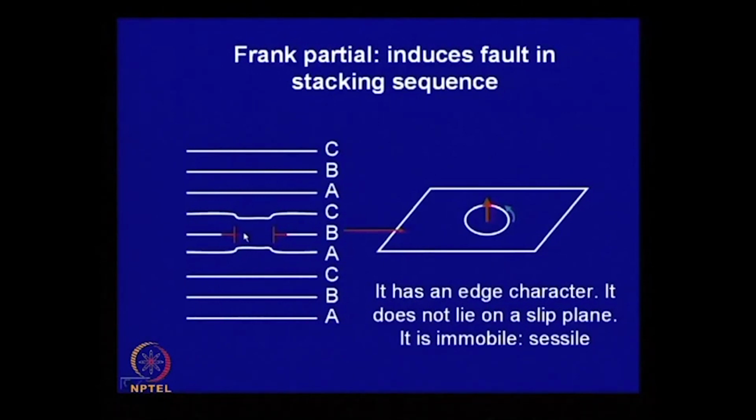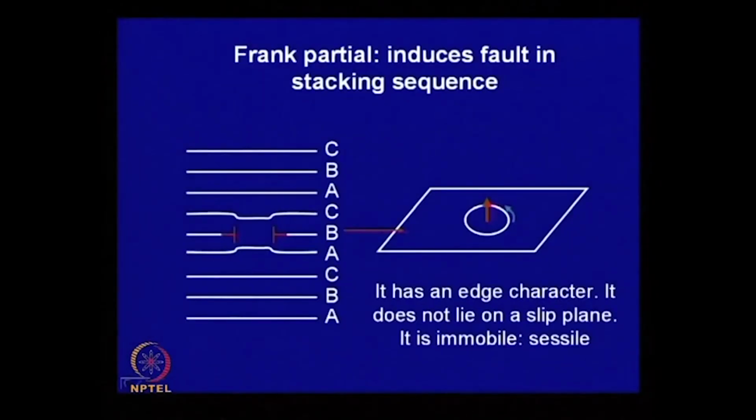Then suddenly the total number of vacancies cannot eliminate themselves. So, there is excess vacancy, and this excess vacancy can condense or accumulate in one of the slip planes, which is shown over here.